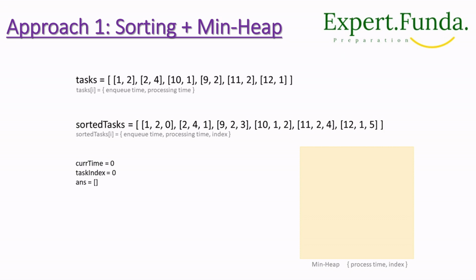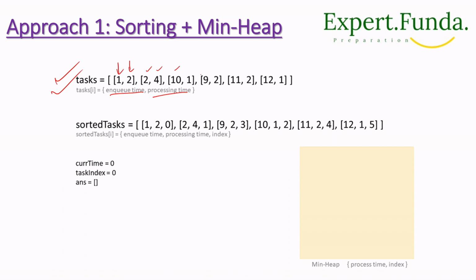We have tasks here, and we have enqueue time and processing time, right? This is enqueue time. This is processing time. Enqueue and processing time, and so on we have here.